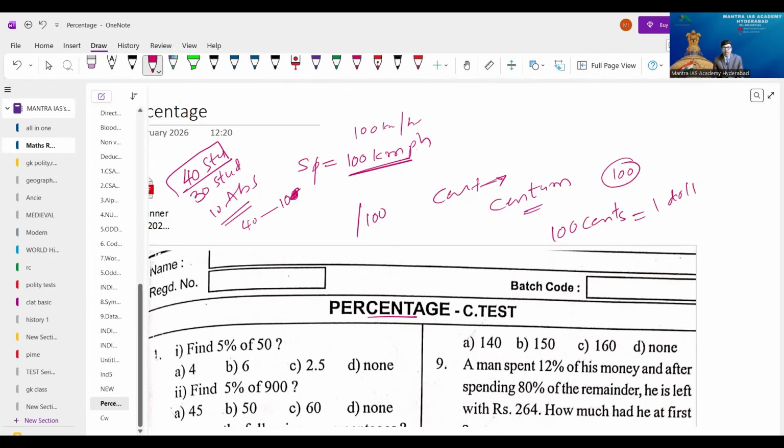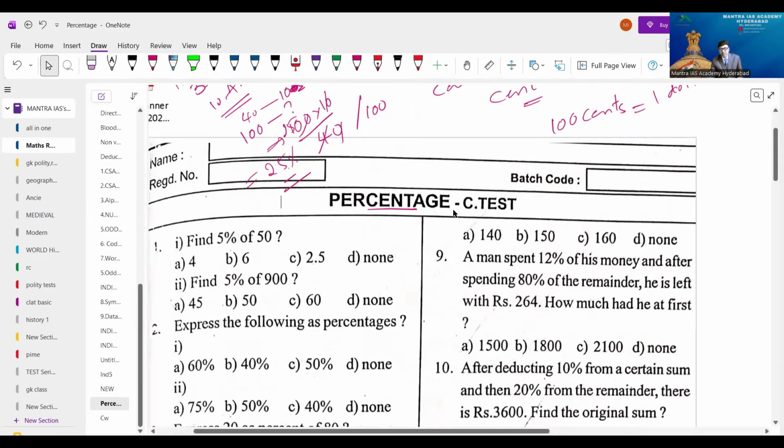Out of 40 members, 10 are absent. For 100, how many? That is called the percentage. 100 into 10 by 40, the 0 gets cancelled, 4 into 25 times, so it is 1/4, called 25% of the strength is absent today. Everything should be converted to out of 100. That's the topic here, friends.